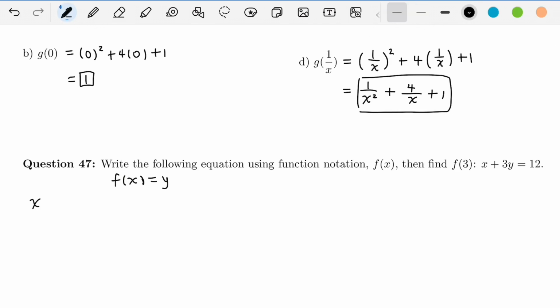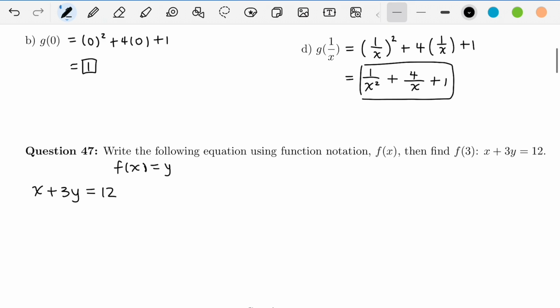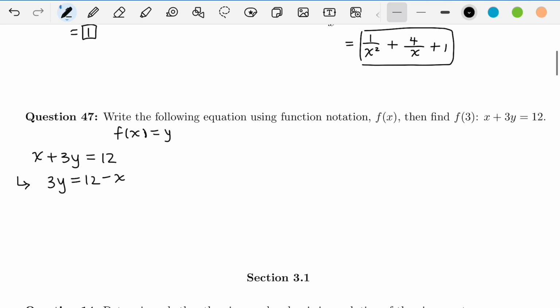So we have x plus 3y is equal to 12, and we're just going to solve for y. So the first thing we'll do is subtract x on both sides. This will give us 3y is equal to 12 minus x. Then to get y completely alone, we're going to divide by 3.